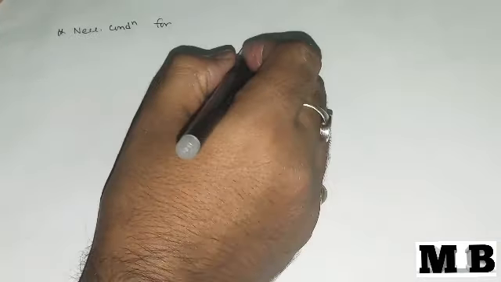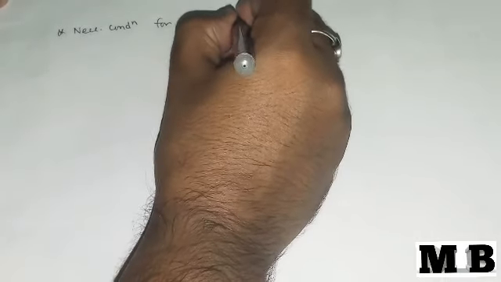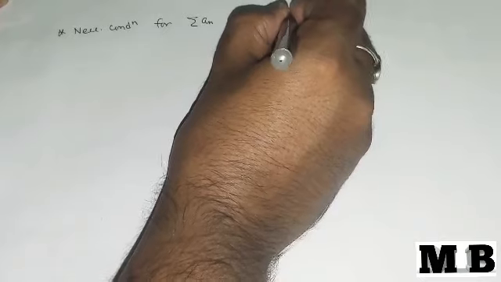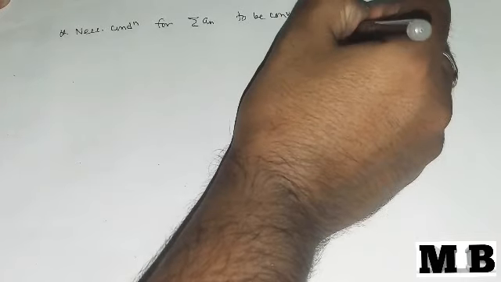This is Infinite Series part 3, and here we will start from where we left off in the last video, that is the necessary condition for a series to be convergent. For a series, summation an, to be convergent, take the limit of the nth term and it will equal 0.